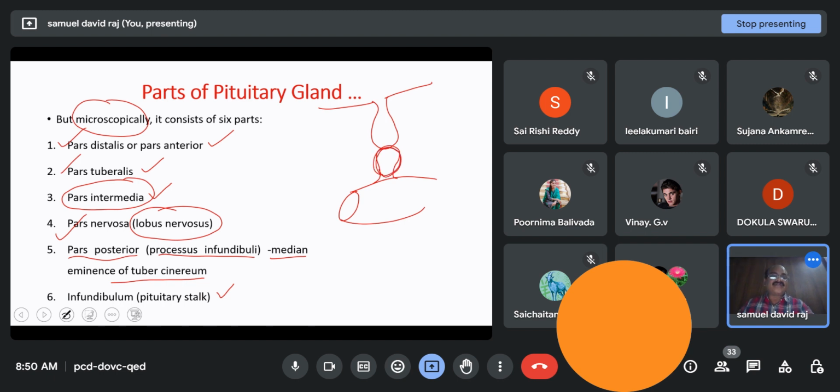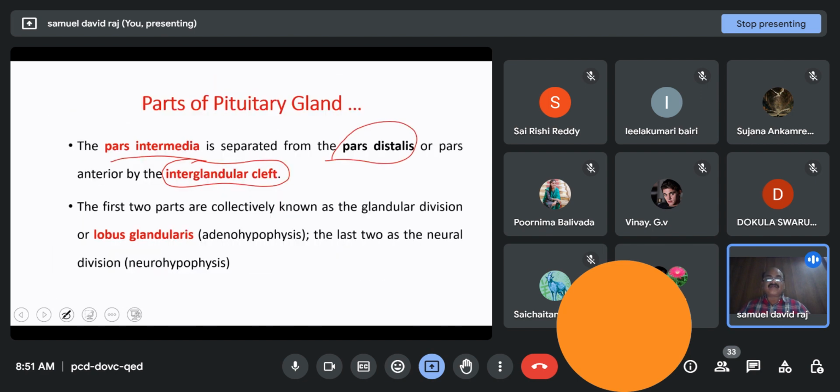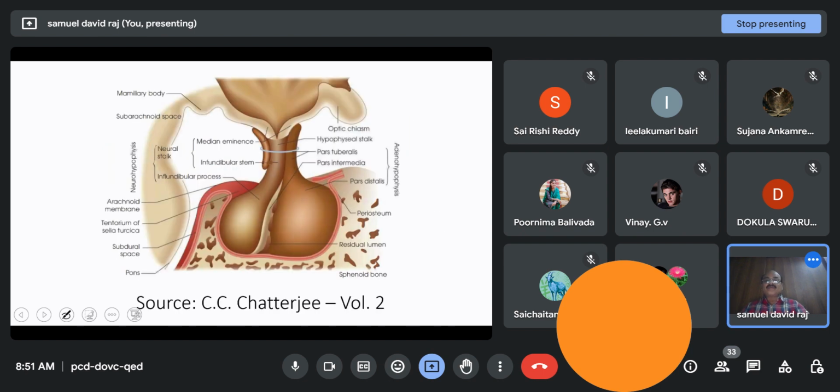As it gets separated, the pouch has its cavity. So this cavity of Rathke's pouch remains in the adult pituitary as the interglandular cavity present between pars intermedia and pars distalis.